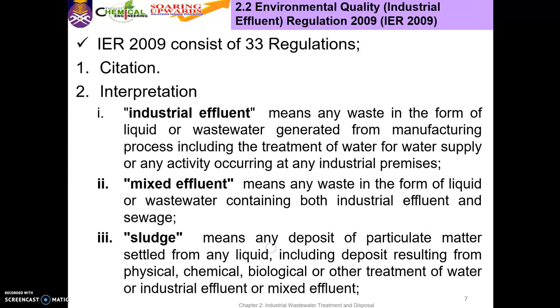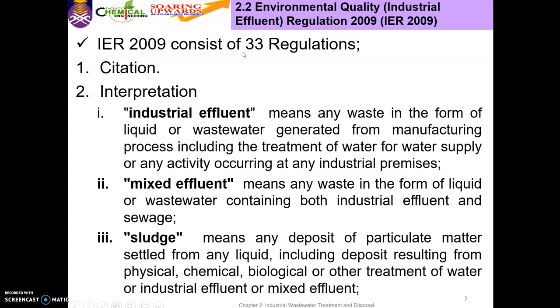Okay. And then for Environmental Quality Industrial Effluent Regulation 2009, this is IER 2009. We will look into detail. So under IER 2009 there are 33 regulations.